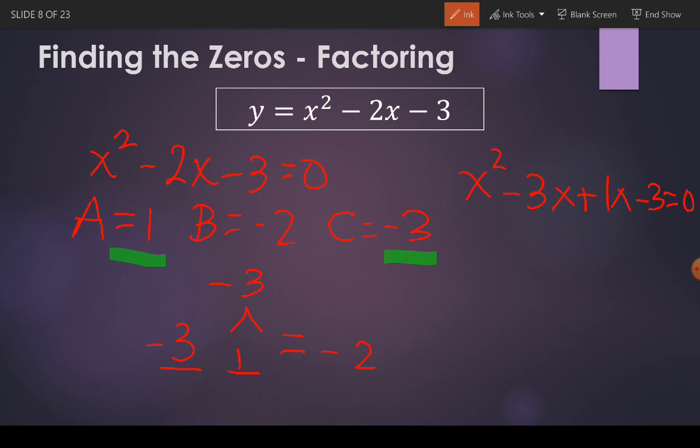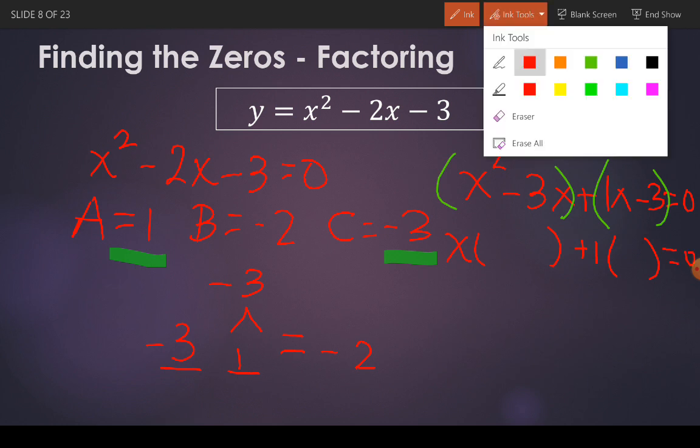And we can factor these two things by grouping. So we'll group the first two and our last two. We can take out an x from the first pair. And we can only take out a 1 from the second pair, and that's okay. And that's equal to 0. So let's write what's left in the middle.